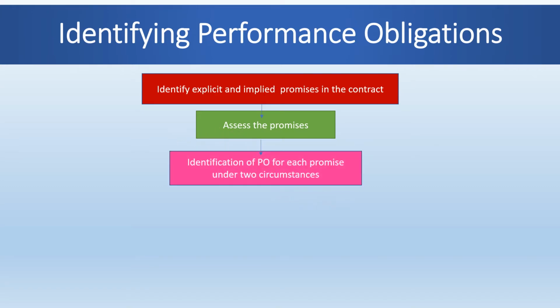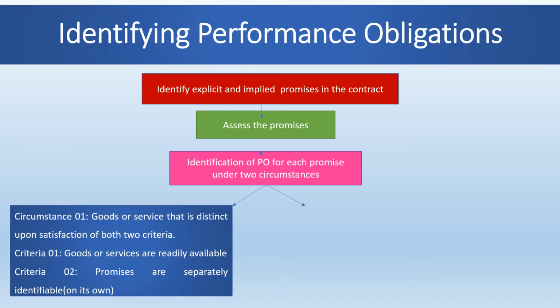So, to assess the promises, we have to identify the performance obligation for each promise under two circumstances. Firstly, we have to identify goods or services that are distinct upon satisfaction of the following two criteria. The first criterion is that goods or services are readily available.